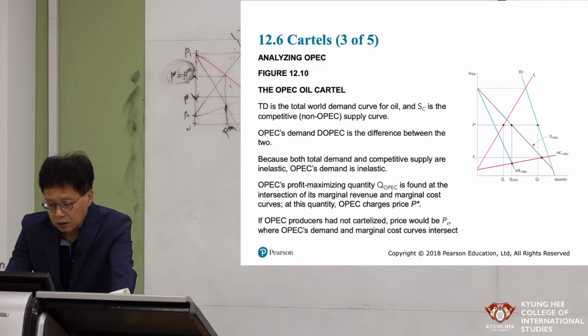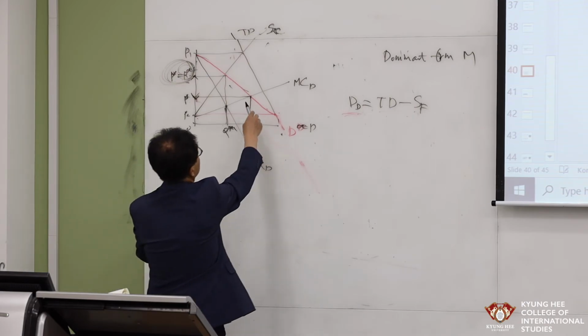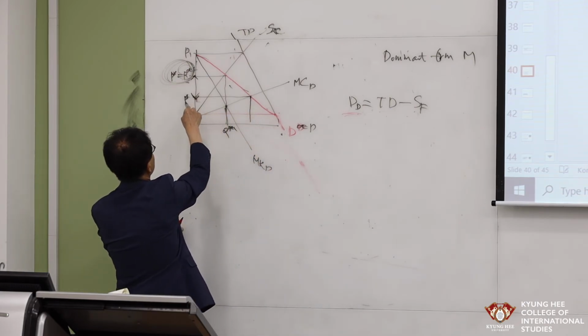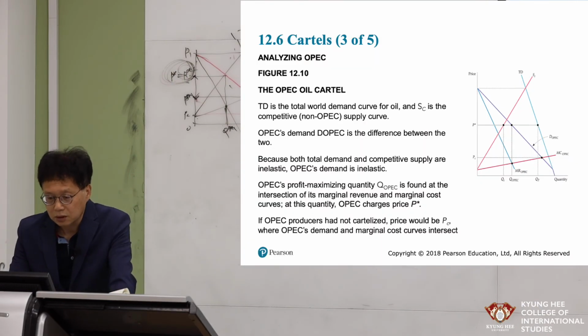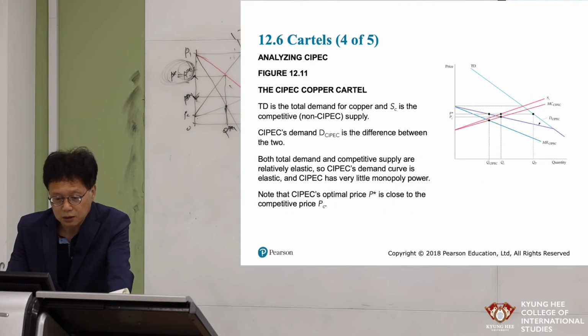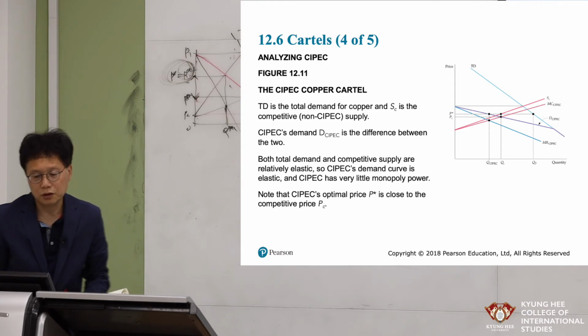If OPEC producers had not cartelized, price would be PC, where OPEC's demand and marginal cost curve intersect. That is slide number 40 and slide number 41.